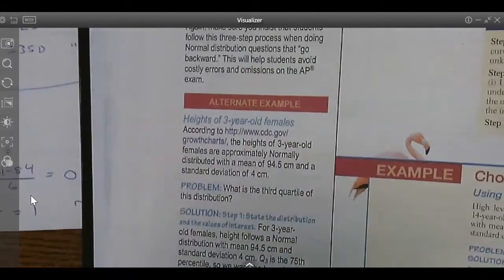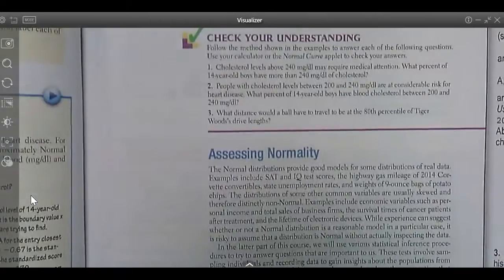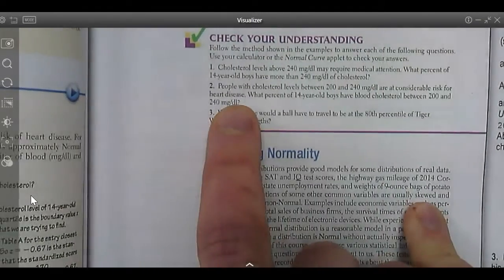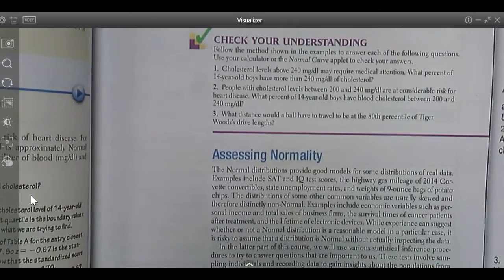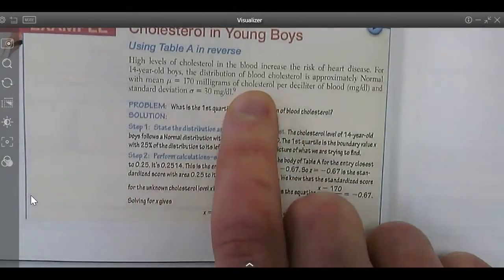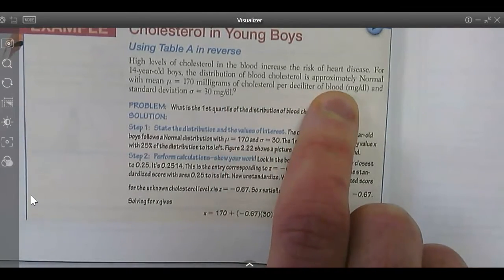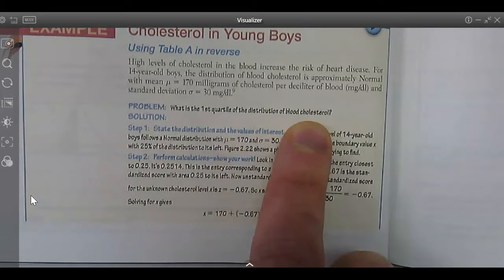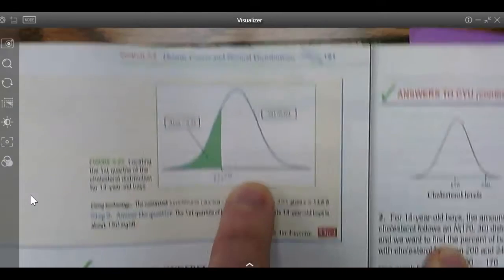So let me go through one of these examples so you can have a sense of what's happening here. In this question, the distribution of blood cholesterol level is approximately normal. Here's the mean, here's the standard deviation. What's the first quartile? So basically, I'm drawing, labeling, and shading.